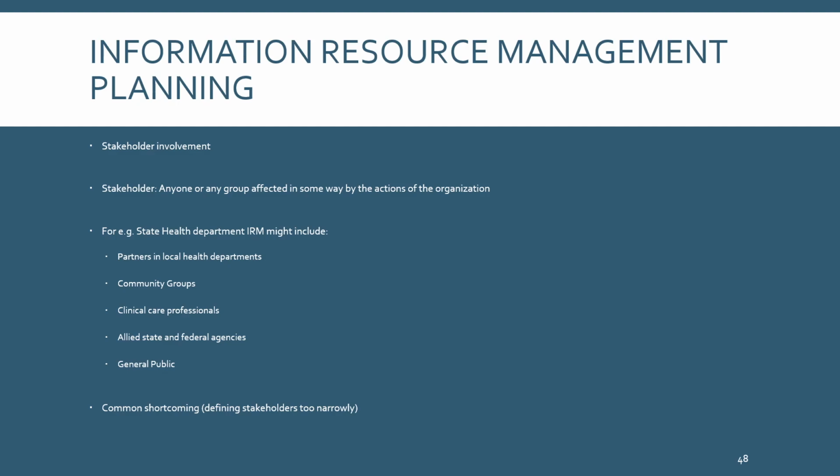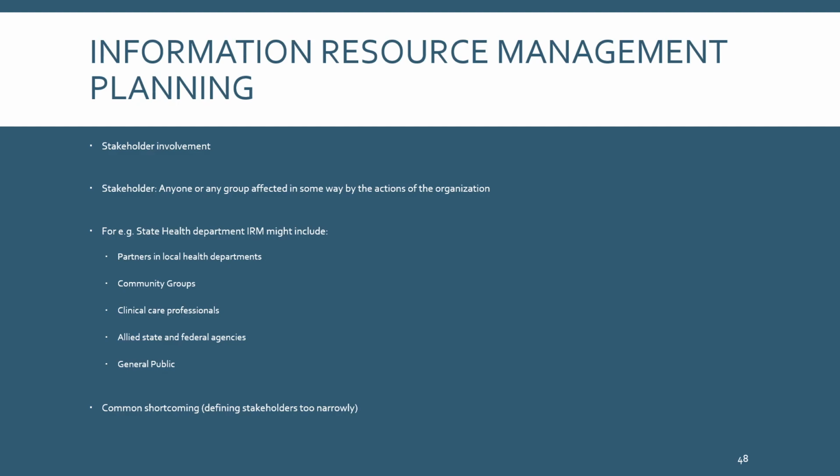You need to get stakeholders involved, and you need to think that a stakeholder is anyone or any group that is affected by the actions of the organization, or that is going to be interacting with the health information that we are providing.